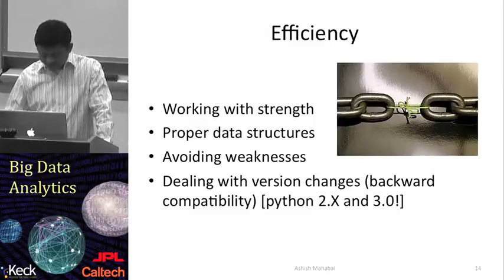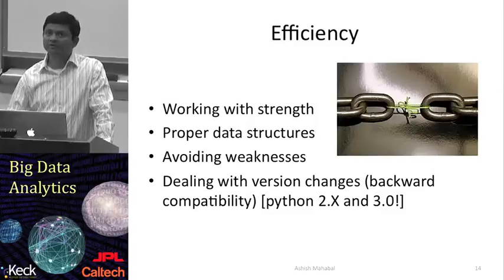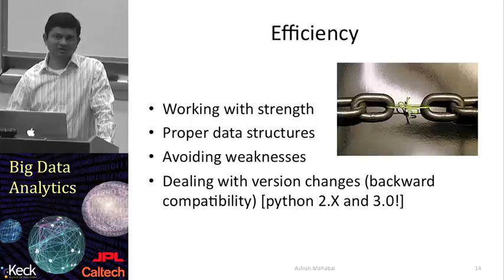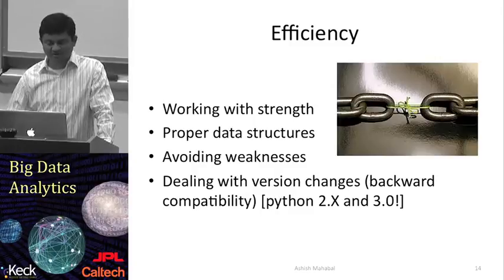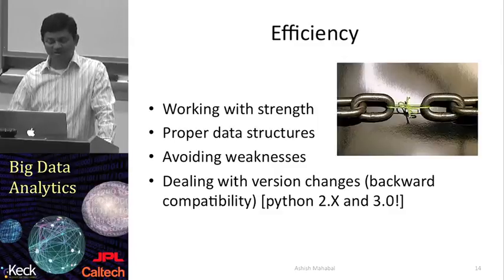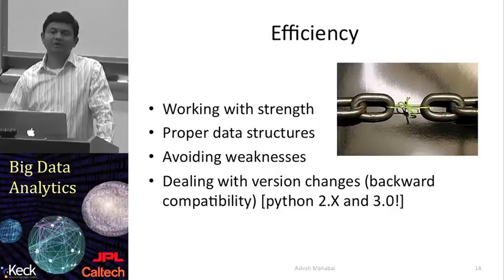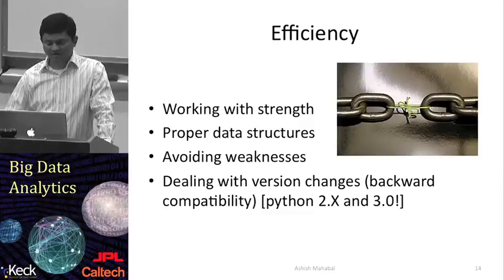A specific example is compatibility, where Python 2.7 and Python 3, many people have not made the switch from Python 2.7 to Python 3 because something as fundamental as the print statement has changed, and obviously people don't want to go back and change all their print statements. So this was a case where backward compatibility has not been built in for whatever reasons, but one has to be aware of that, and when one is writing programs, one has to make sure that the trade-offs are taken into consideration correctly.